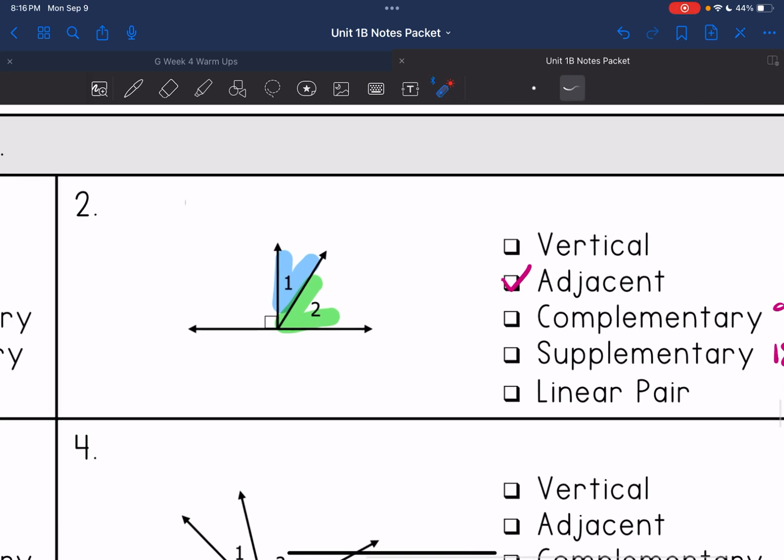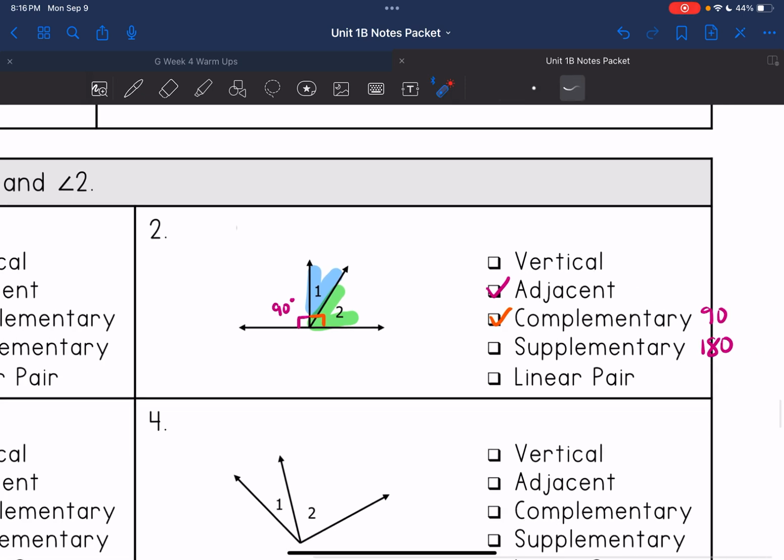So in that picture, you see how we have that little square? So I know that this side is 90, but what about this other side? Does that make 90 as well? So the answer is yes, it does. So because the blue and the green together make up that little square, yes, they are complementary. But they're neither of the other two things, because if they already equal 90, there's no way that they can do 180, and then they're not making a straight line. We're only looking at those two.